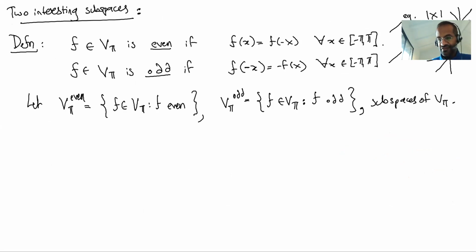And the reason we're interested in these is that they actually turn out to be orthogonal complements of each other with respect to that inner product. So let me write down these easy but useful properties.